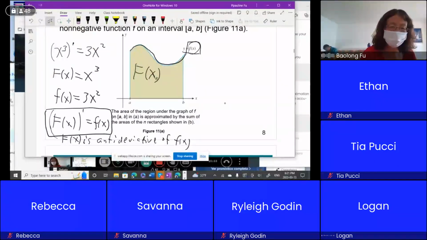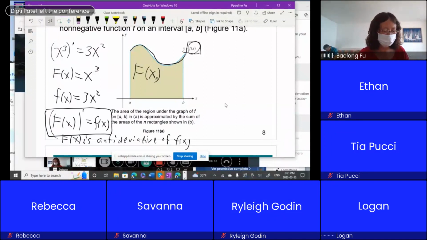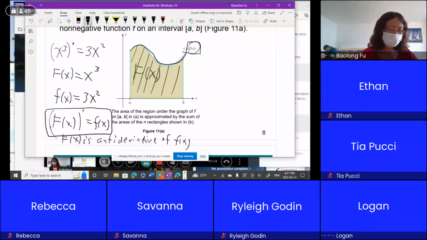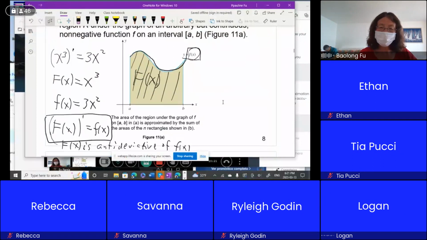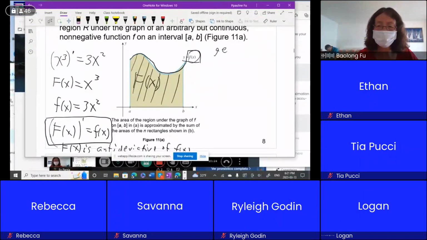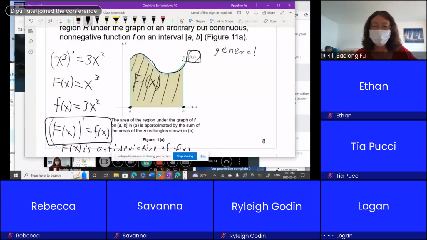Capital F(x) take derivative equal to small f(x). Okay, so if we want to calculate this area, we use the same technique. First of all, because we are talking general situation, we do not say divide interval AB into 2 interval or 3 interval, 4 interval, 5 interval, generally speaking, n interval.